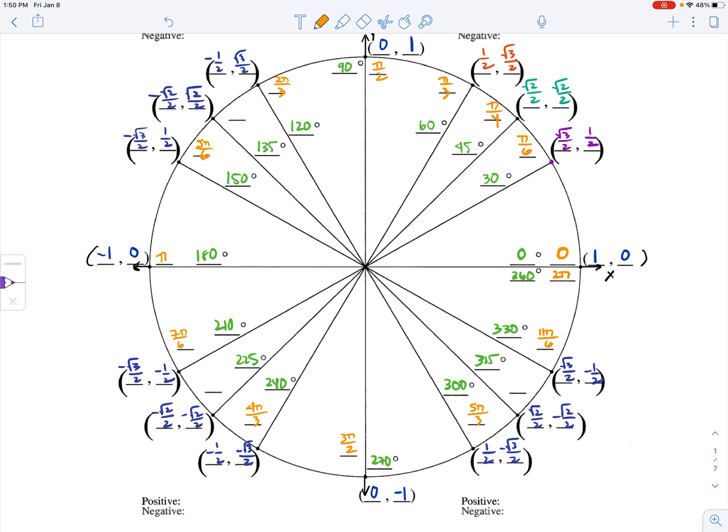And then 11 pi over 6. And 12 pi over 6 is equal to 2 pi, which is a full rotation.